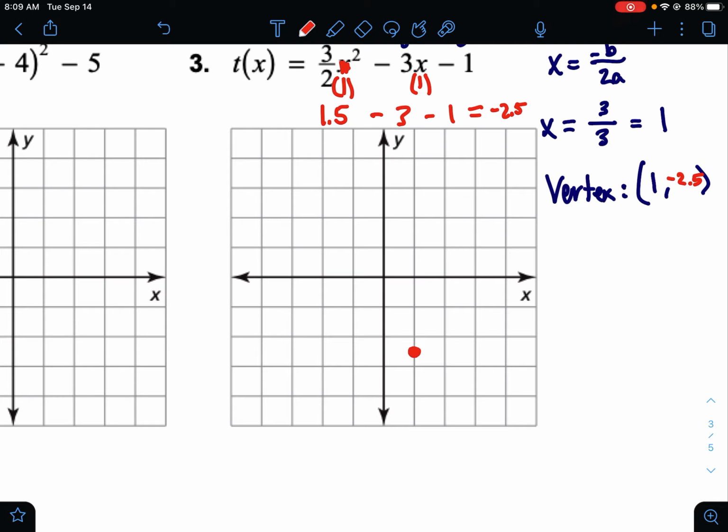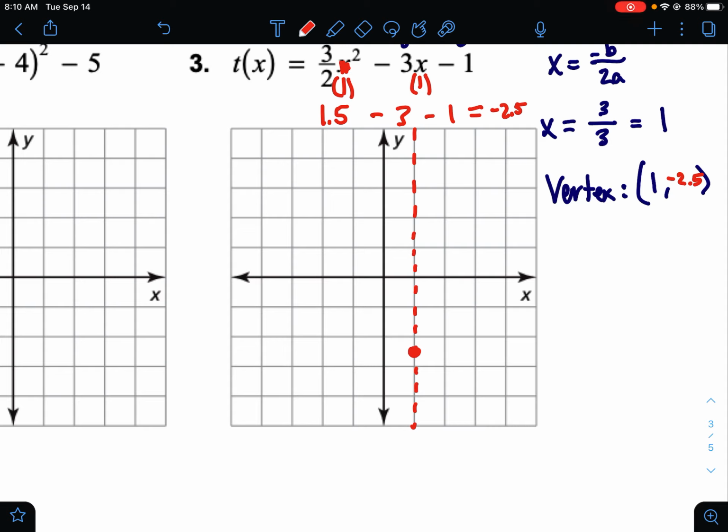Another thing that we learn with parabolas is parabolas are symmetrical. Parabolas, like circles or squares or rectangles, are symmetrical shapes. So what that means, that's a very important piece of information, is that we have what we call the axis of symmetry, but it's this imaginary line. Think about if you're folding a paper or something like that.